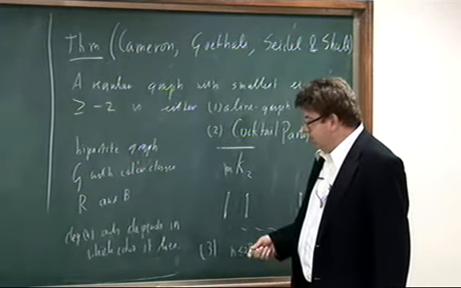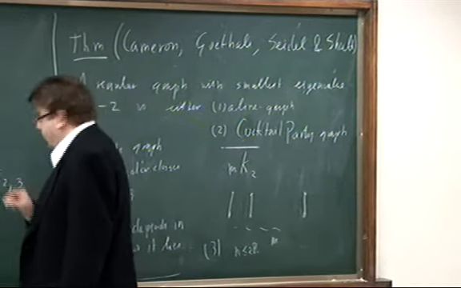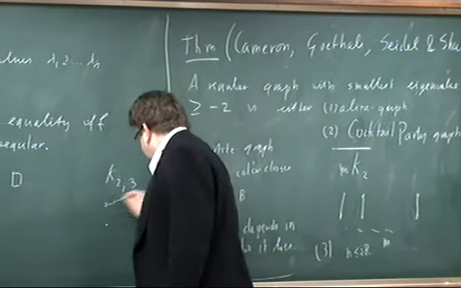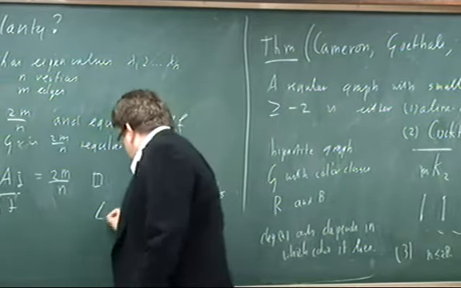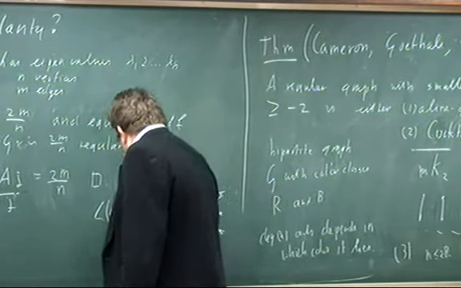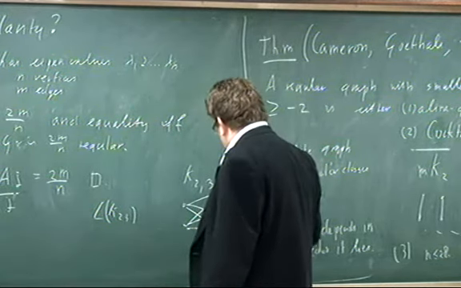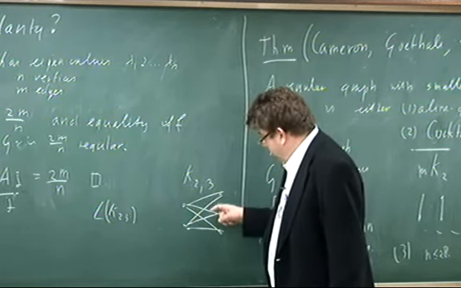For example, K_{2,3}, that is this graph. And what is the line graph of K_{2,3}? So you can see that this vertex has how many neighbors? 1, 2, 3.